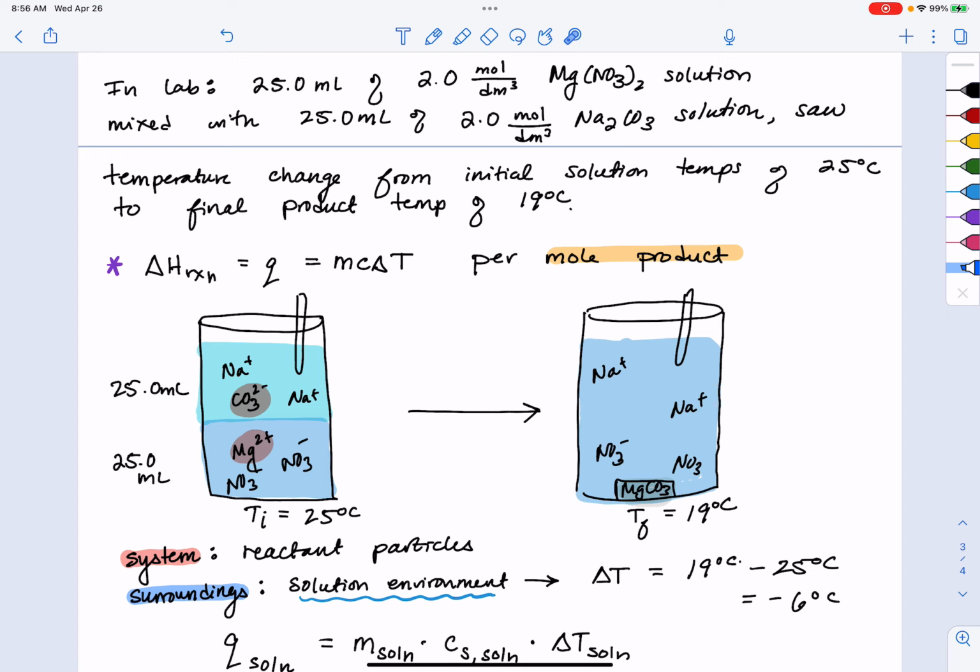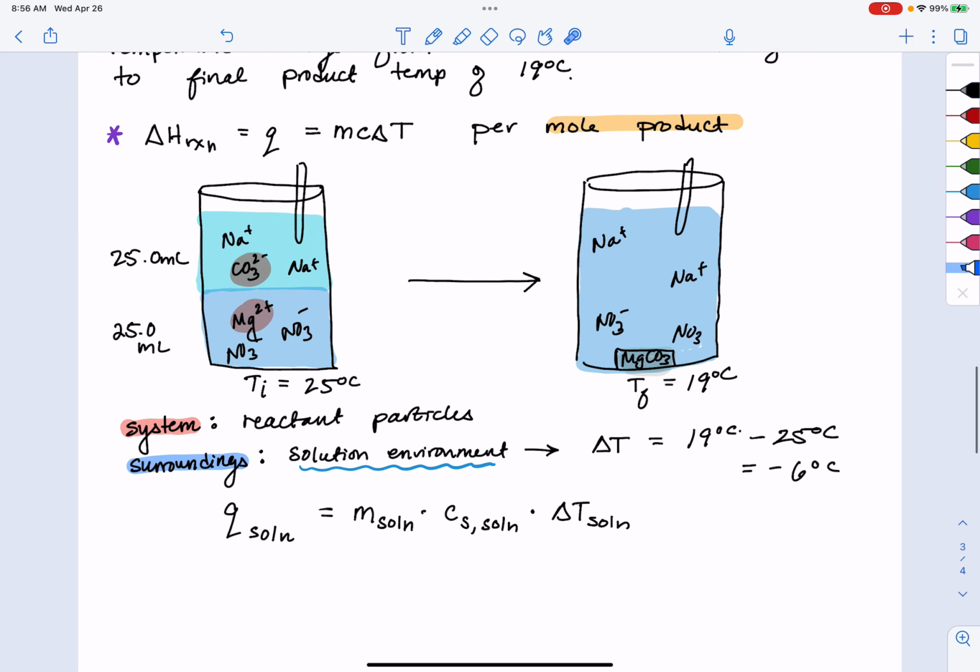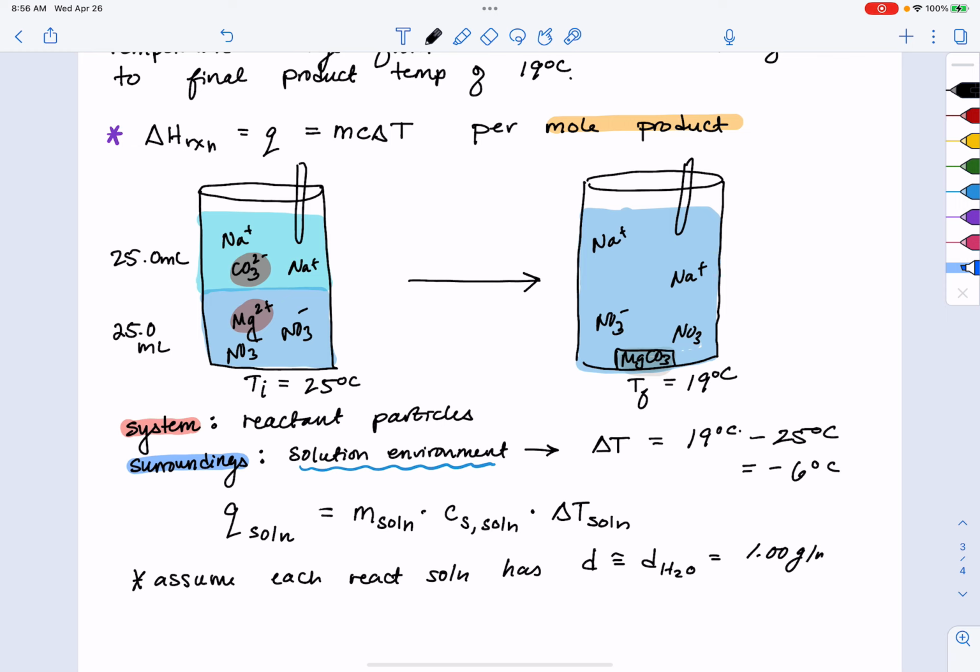So we can't directly get mass and volume knowing the exact density of the magnesium nitrate and the sodium carbonate solution. So if we're going to try to get mass, we're going to make a couple of assumptions. The first is we're going to assume that each reactant solution has a density that is same-ish to the density of water. So we're going to approximate the density as being 1.00 grams per milliliter.